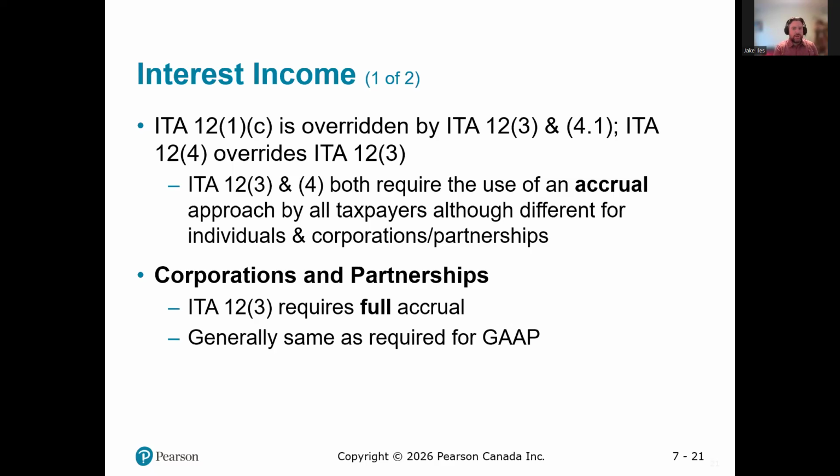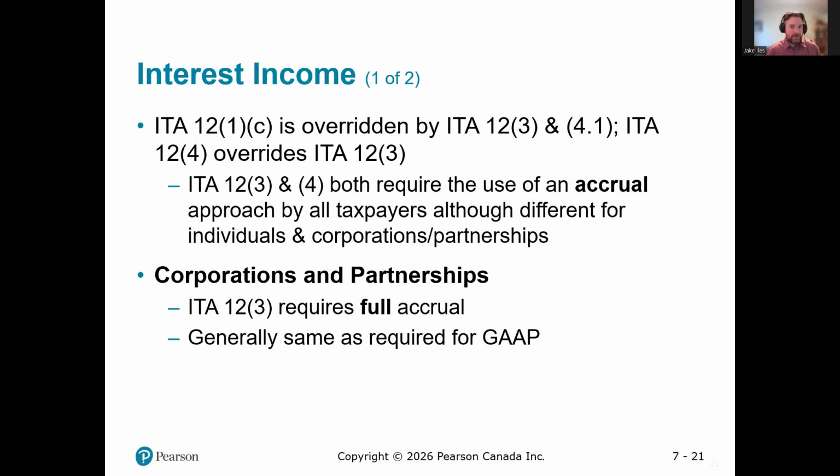From a corporation standpoint, it doesn't matter if we haven't received the money, because we would still do the accrual calculation from when the loan was given to the end of our fiscal year. So if the loan's been outstanding for 4 months, we'll accrue 4 months of interest and we'll record it to income even if we haven't received the money. We just tally it as interest receivable on the debit side.